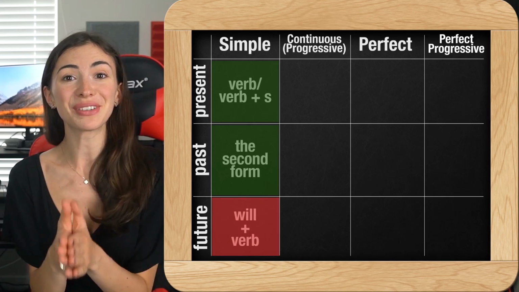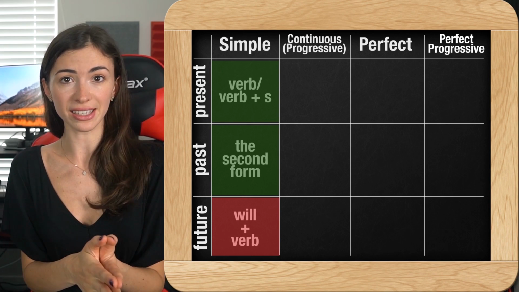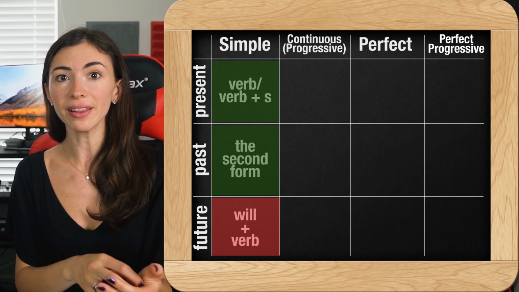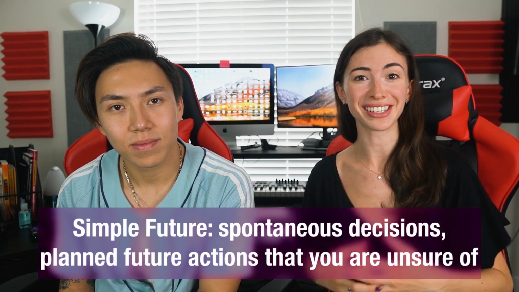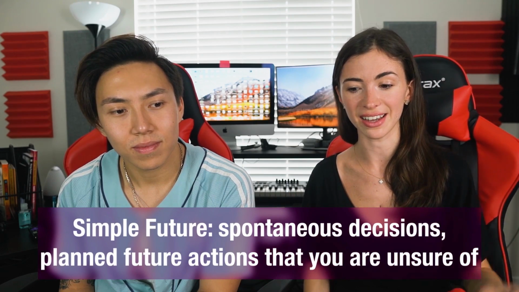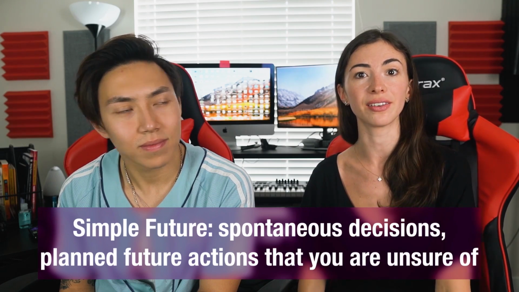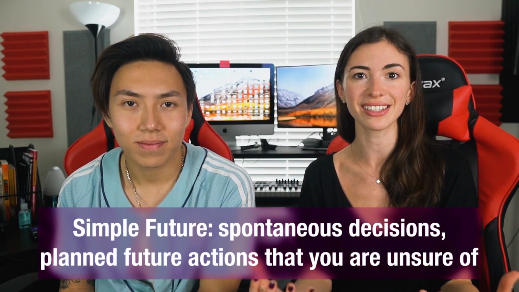Okay. Simplest future tense that is really easy to form because you add will and then the verb in the first form. But you use this tense when you have a spontaneous decision. For example, you sit in a restaurant and the waiter brings the check and you're like, I'll pay. So this is a spontaneous decision.